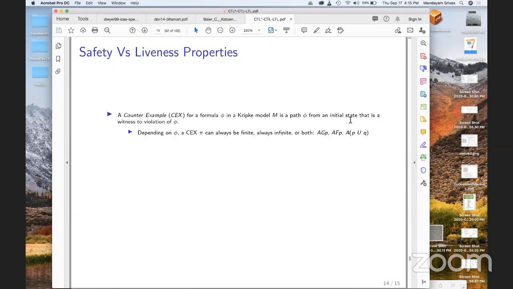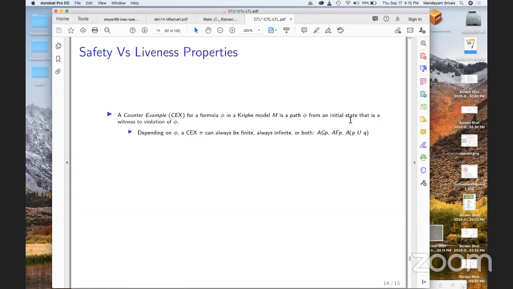Depending upon the form of the formula, a counterexample path for the formula can always be finite, always infinite, or both. Some counterexamples may be finite, some may be infinite.